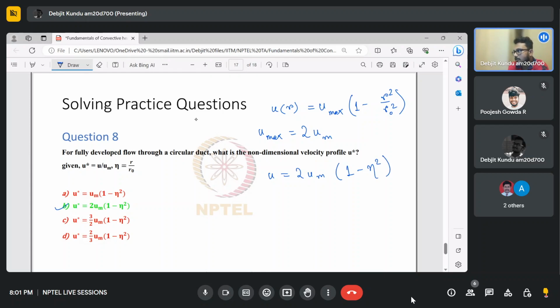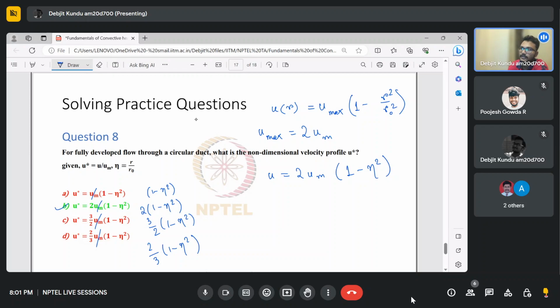Okay, wait a second. All of these options are wrong. The u mean won't be present in any of the options given here. So it will be just 1 minus eta squared, 2 into 1 minus eta squared, 3 by 2 into 1 minus eta squared, and 2 by 3 into 1 minus eta squared. Yeah.